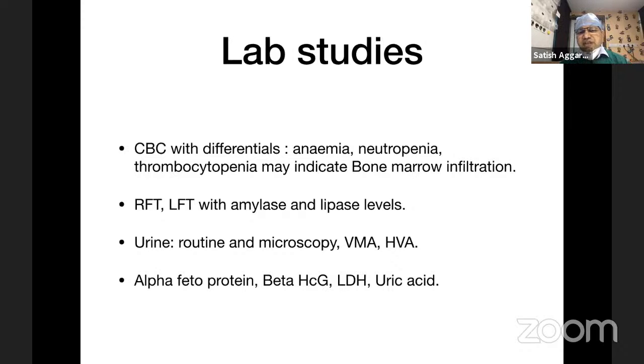VMA and HVA can be done at a tertiary care center also if you suspect a neuroblastoma-like problem. Other investigations, alpha fetoprotein, beta HCG, LDH, uric acid, I think they're best left to the referral center because you have a package of all the investigations which can be done in a single pick.